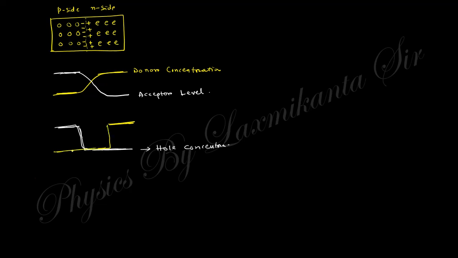So this becomes like that. This is the electron concentration. Okay, this is the middle point. So in the depletion region, there is no hole concentration or electron concentration. Now we come to the space charge. What space charge will be happening here?